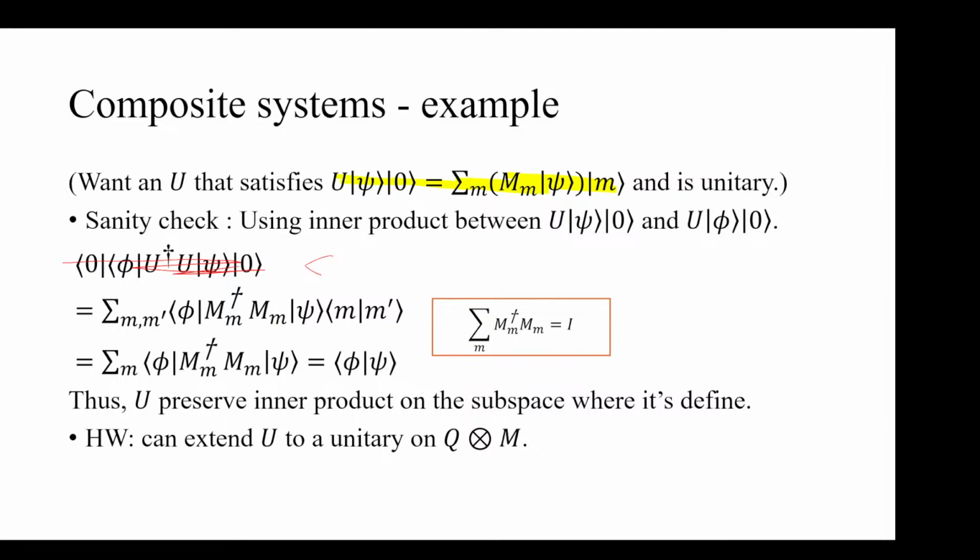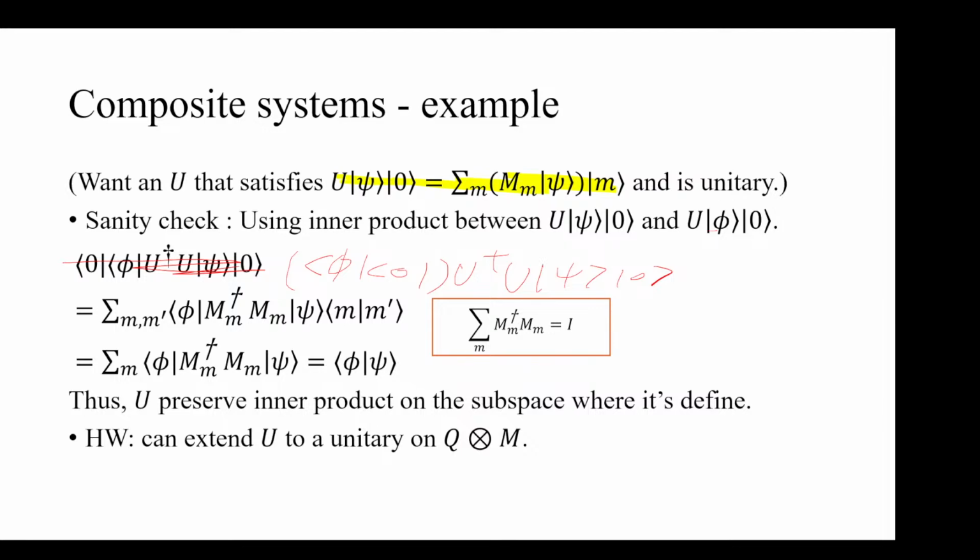Yeah, so I should write phi 0, and because we say dual doesn't change the order of all registers, it should be phi bra and 0 bra, and then U dual is U dagger, and then multiply on this thing, then U phi 0.